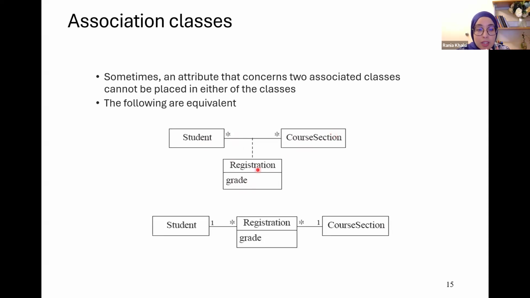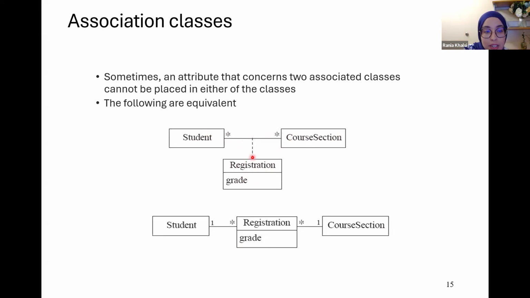That's why we represent it as an association class instead of attaching it to one of these two. The student has the grade for what? For the course section. Putting the grade only with the course section is wrong, because the student has that grade. Putting the grade only with the student is also wrong, because the grade depends on the course section as well. So this is why we use it here. Here we have a many-to-many relationship, and this is how it works.